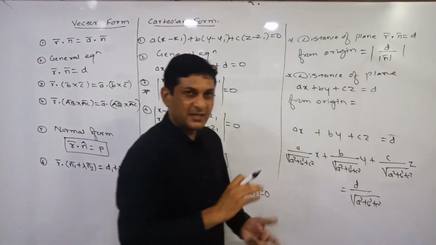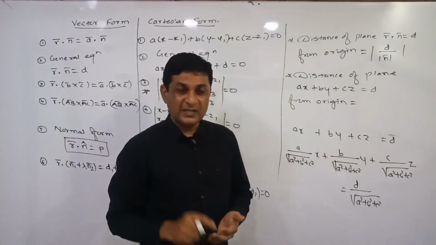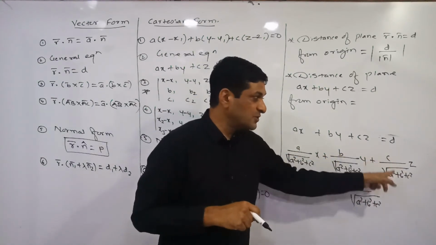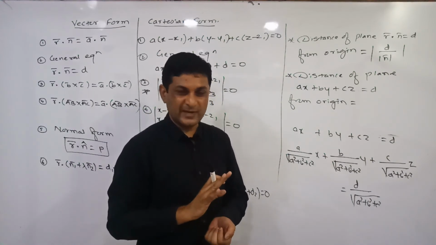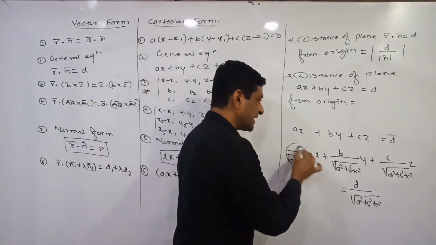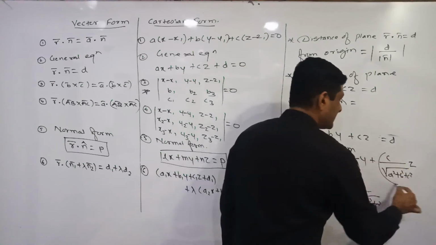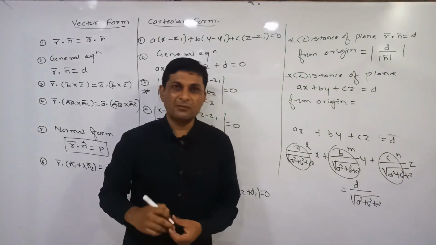Now observe it very carefully. What are a, b, c? a, b, c are the direction ratios. Then what are the direction cosines? a upon under root, b upon under root, c upon under root, where under root means under root a square plus b square plus c square, are called direction cosines. Direction cosines are also denoted by l. This value is denoted by m, and this value can be denoted by n, because we denote direction cosines by l, m, n.